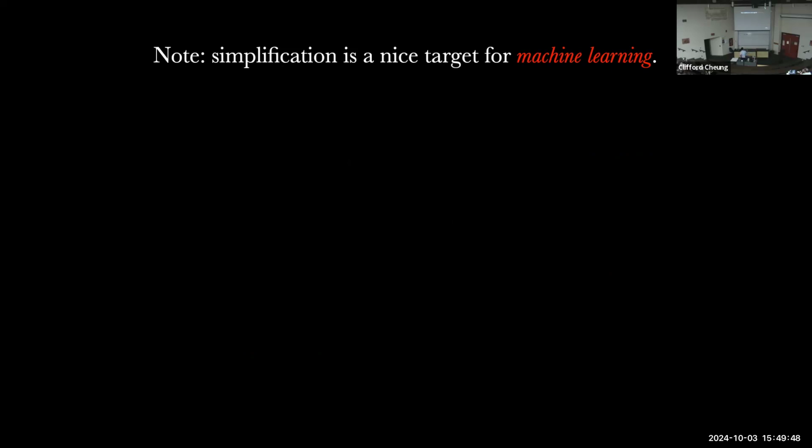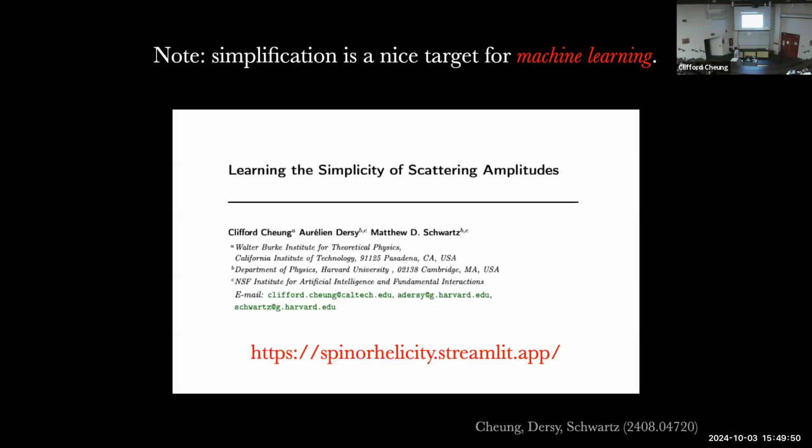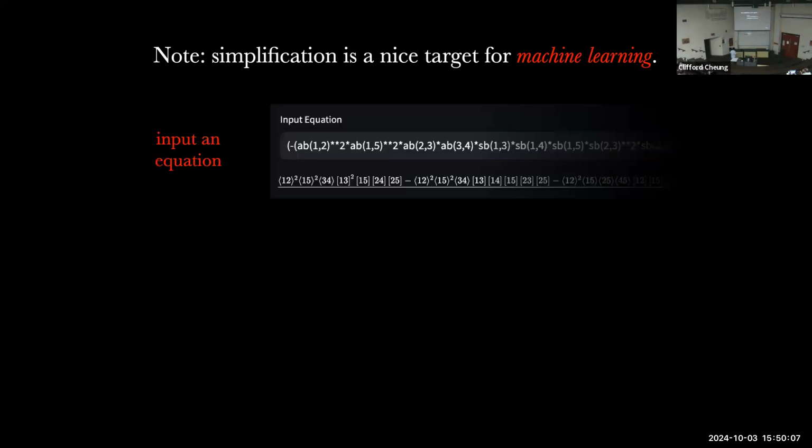It's perfectly framed for the target of machine learning. In this paper, we basically retrofitted a transformer neural network that was open sourced by Facebook Meta to just simplify expressions of this type. We even put it online, so you can plug in your own expressions to do it. It's quite compelling, at least when I was using it.